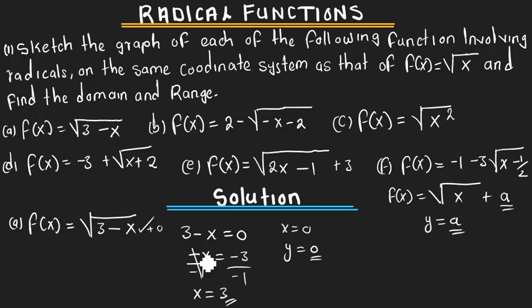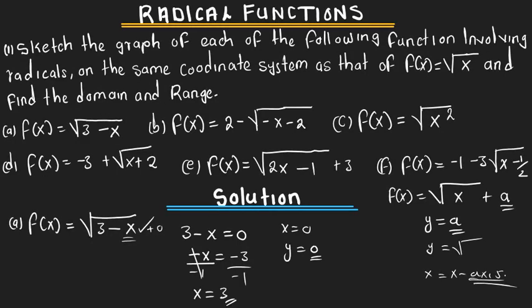The radical, which is the square root, is also represented by a y value. And then the x, which is inside, is representing your x axis. You need to take note of that. What do I mean by this?